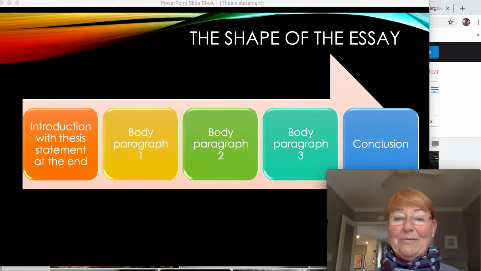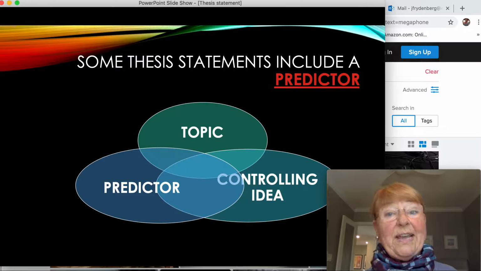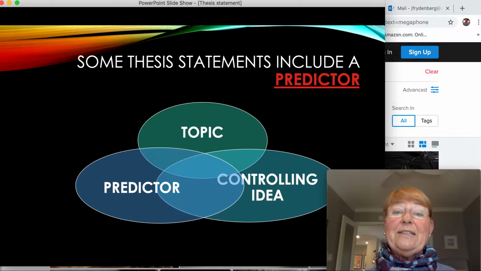So then the thesis statement consists of 3 parts: a topic, let's say architecture; a controlling idea, what you're going to say about it; and the predictor, which is the basic division of your essay. For example, you divide it into parts, such as in one of those examples we said we can divide it into architecture before the war and after the war. Well, that's a predictor. It tells you that there are going to be 2 main body paragraphs in this essay.